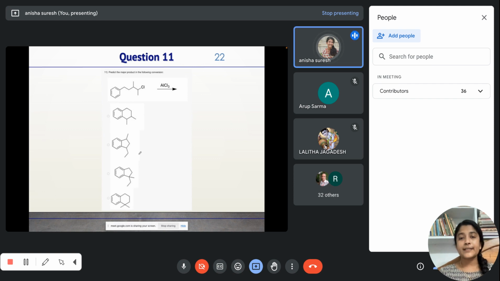So coming towards question number 11, predict the major product in the following reaction. So here an intramolecular Friedel-Crafts alkylation reaction will be taking place. So what will be the major product that is formed in this reaction? So four different options are given. What will be the correct option?